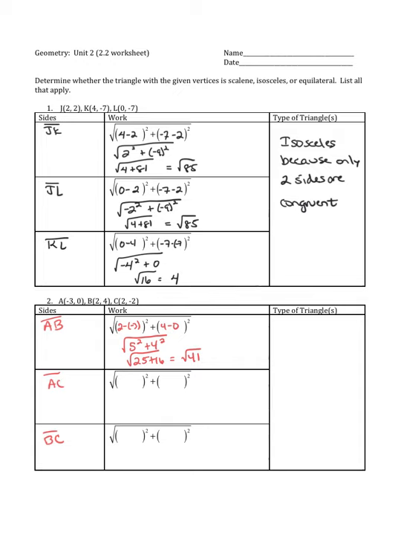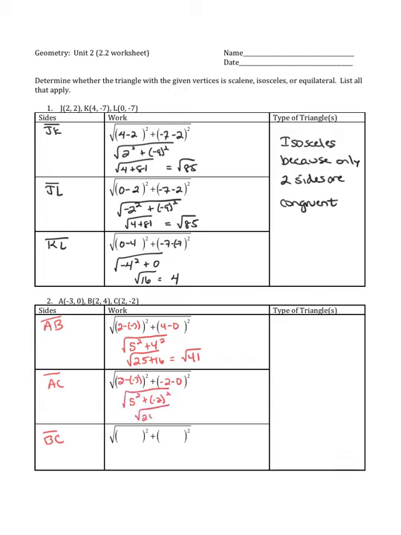And I'll tell you something else. If you try to do decimals, you're going to get sides that may be off by, I don't know, 0.0003. So that's why when you keep it in square roots, you can tell if they are identical or not. All right, so AC, 2 minus negative 3 squared plus negative 2 minus 0 squared. That is 2 plus 3. It's 5 squared plus negative 2 squared.